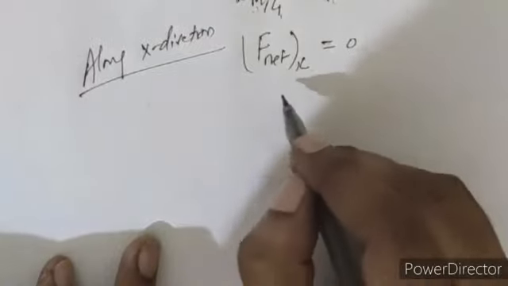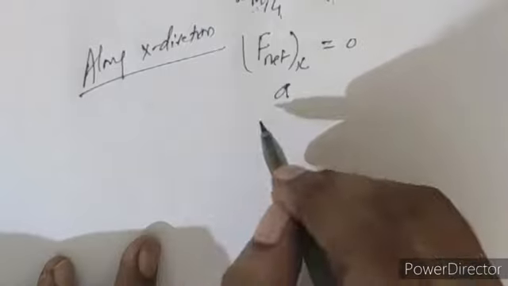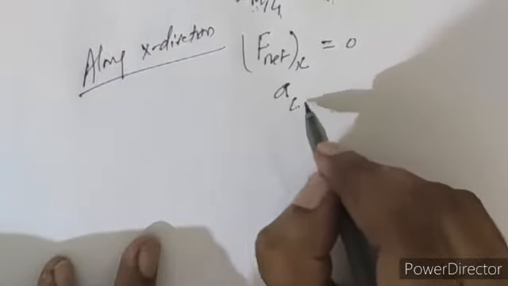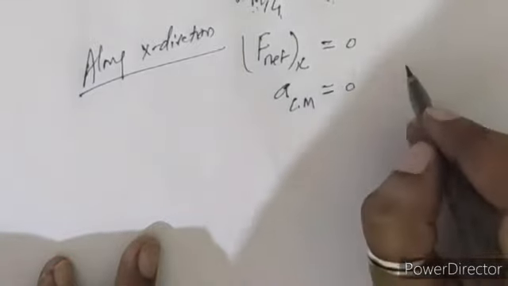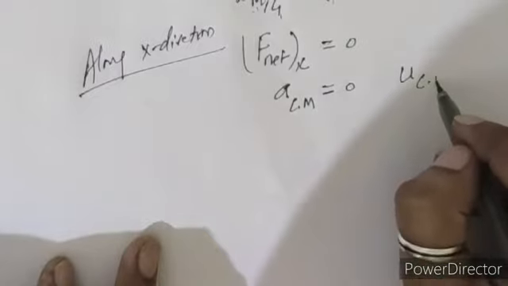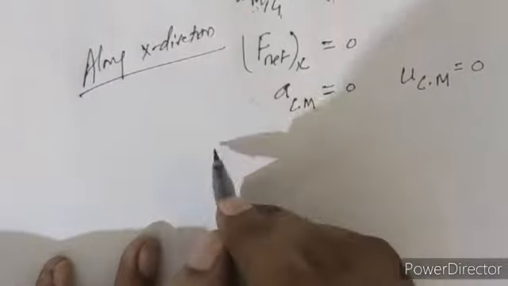So since the force is 0, the acceleration of the center of mass of the complete system is 0. Since the initial velocity of the whole system is 0, the initial velocity is also 0.